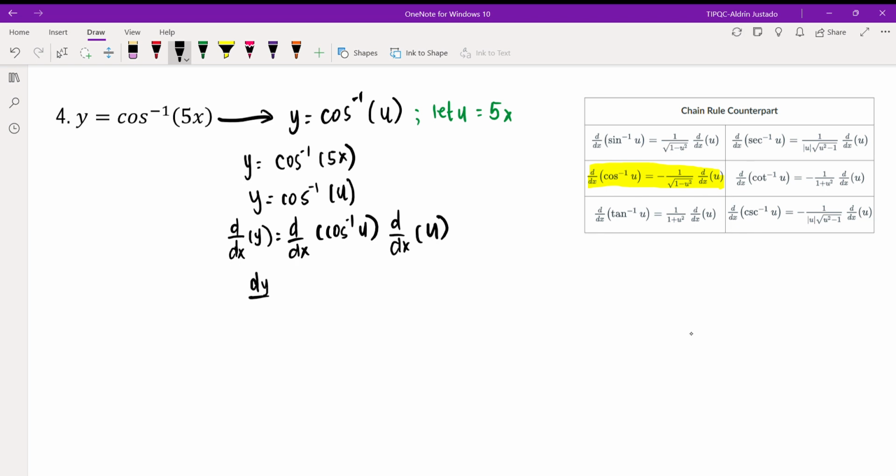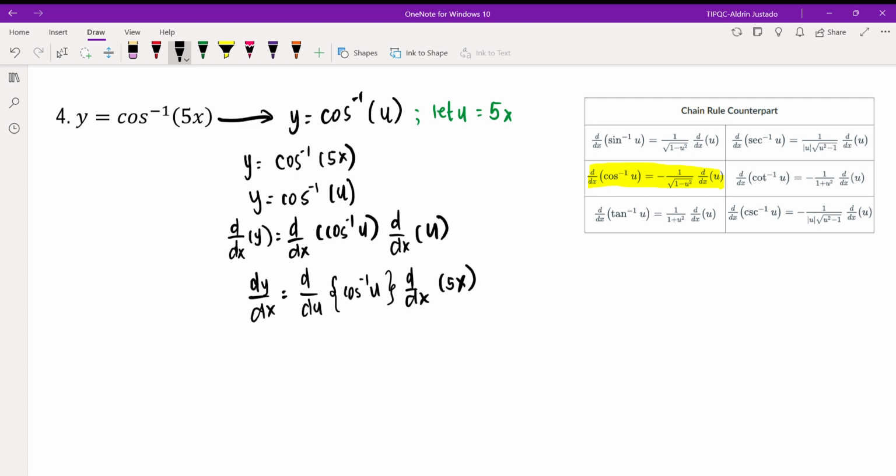Okay. So, dy over dx is equal to d over du of arc cosine u, derivative of your 5x. Okay.